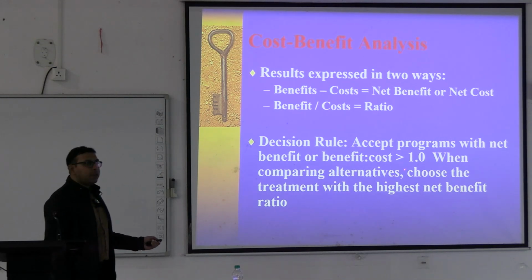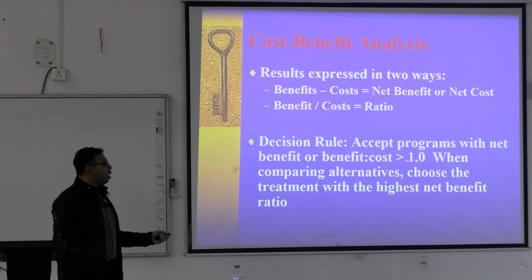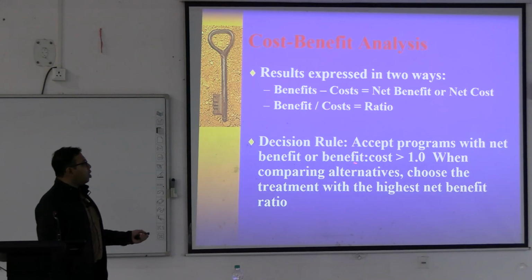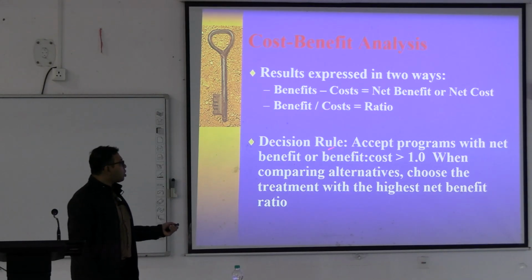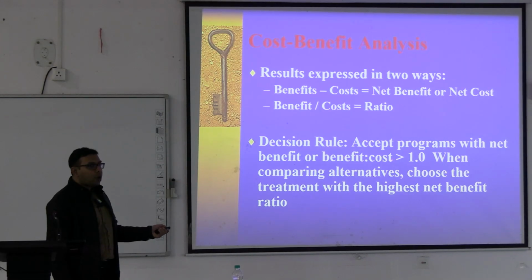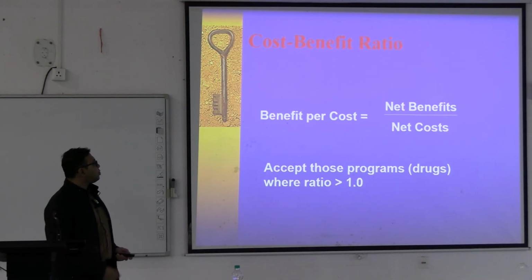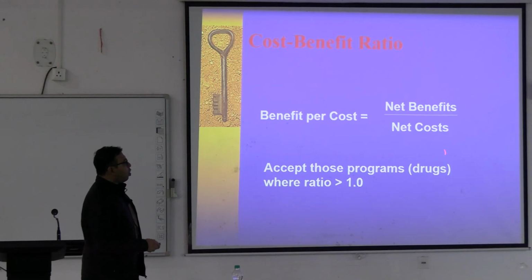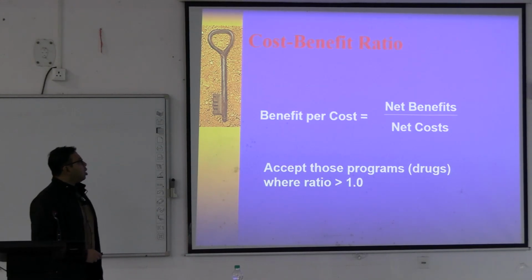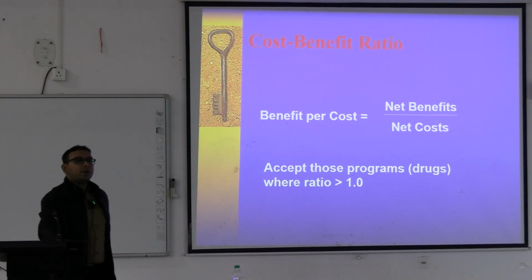When it is more beneficial, that means greater than 1. When it is less beneficial, it is less than 1. So we should accept drugs or programs whose benefit by cost ratio is greater than 1. For example, benefit per cost is the net benefit and net cost. The same thing, I have already given an example.